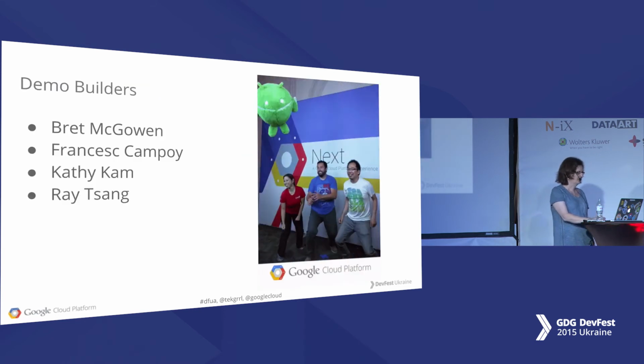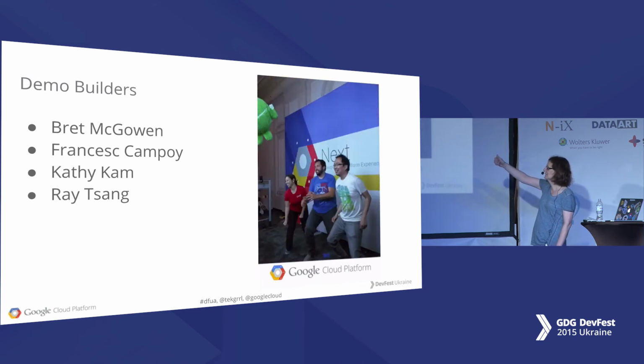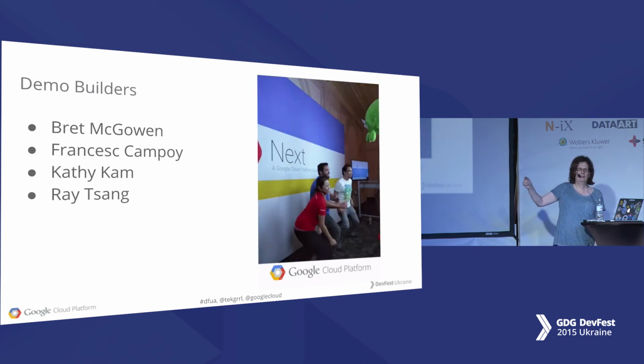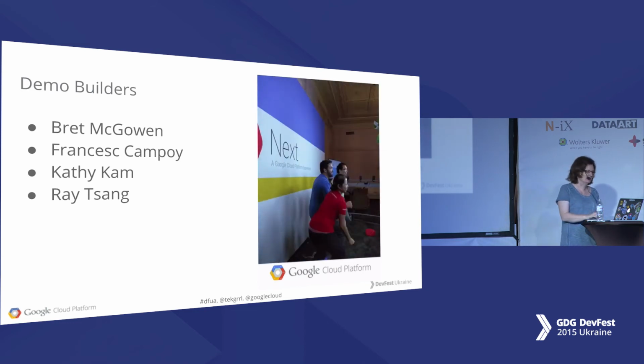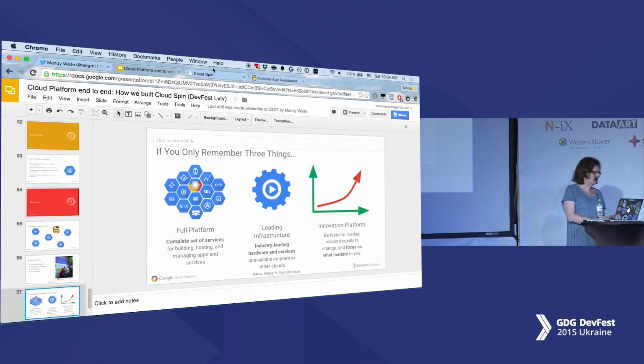So that's good. These are the people who built Cloud Spin for us: Brett, Frances, Kathy, and Ray. If you go to @GoogleCloudSpin on Twitter, you'll be able to see all of the images that we've processed over the years. I'll just quickly show you that.